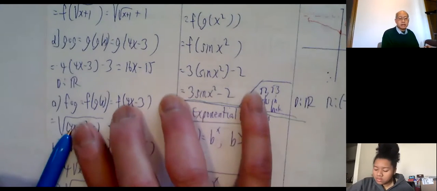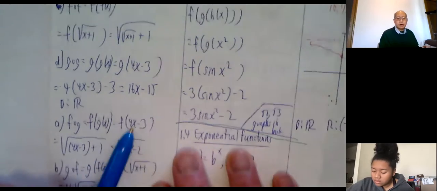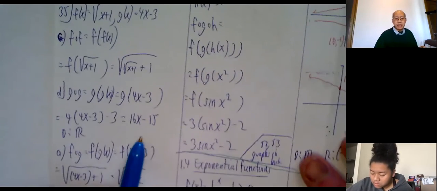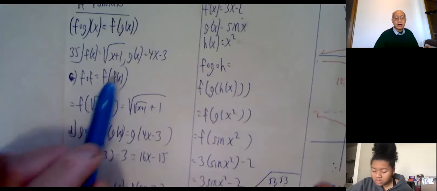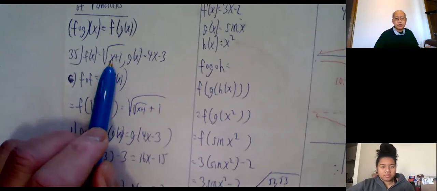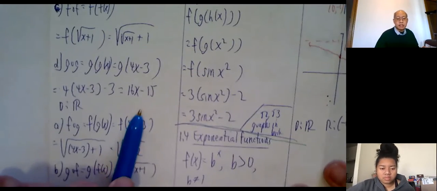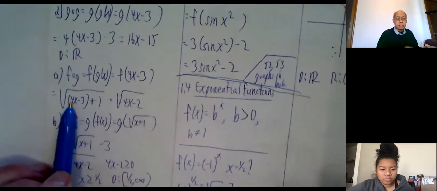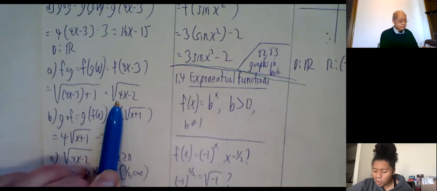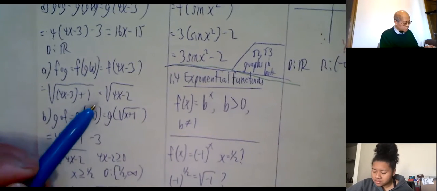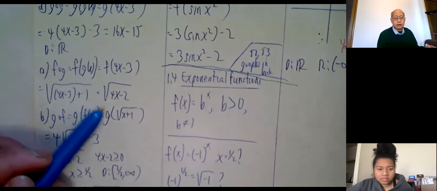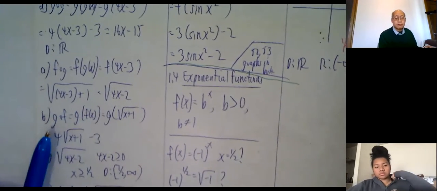So 4x minus 3 goes right here. Okay. See, F parentheses. We like it if it's a nice number, right? So suppose behind my pen was 12, then you would just put a 12 right there. So whatever's inside the parentheses goes right there. What is inside the parentheses? 4x minus 3. Then I add 1, radical 4x minus 2. Yes, I know I have to talk about the domain, but I'll get to that later. Or maybe I'll let you try to figure it out after I show you some others.